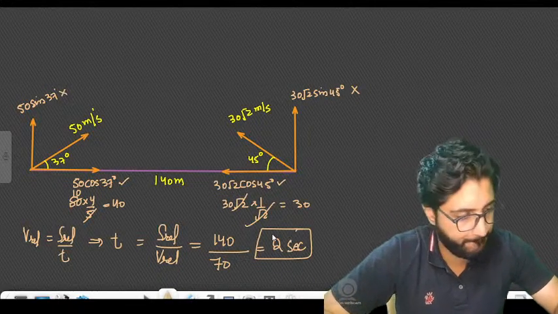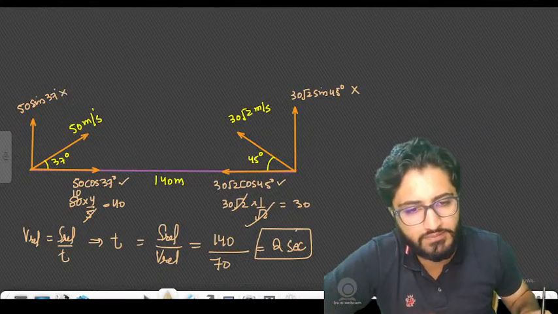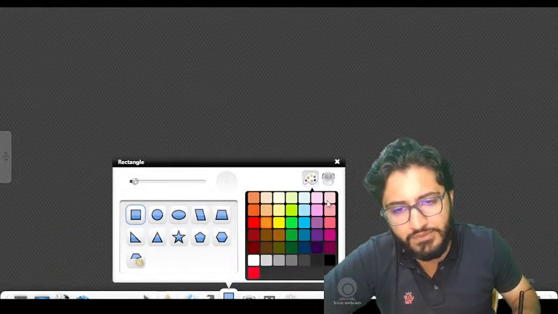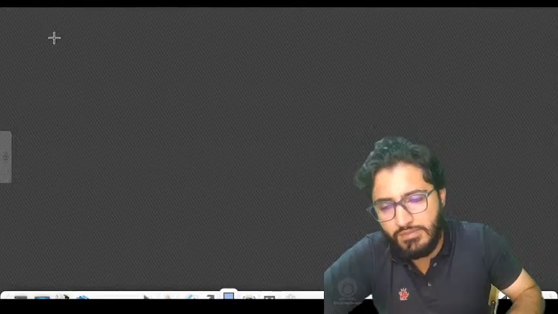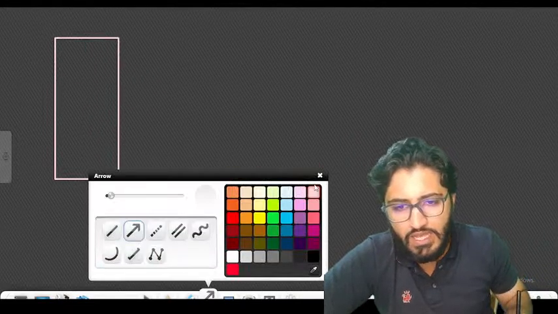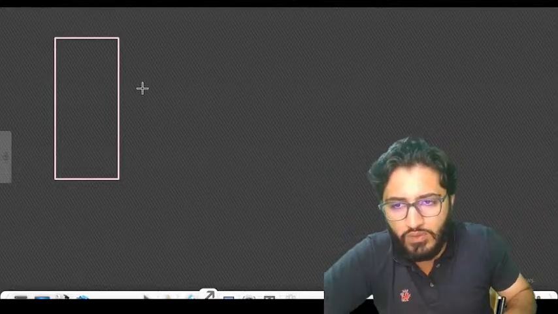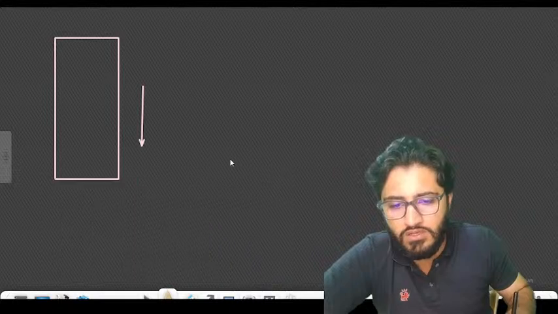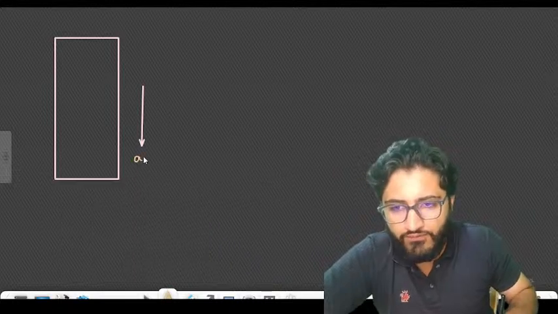Okay. An important numerical: if we have a lift, this is my lift, and the lift is going downwards with a constant acceleration of 2 meters per second square.